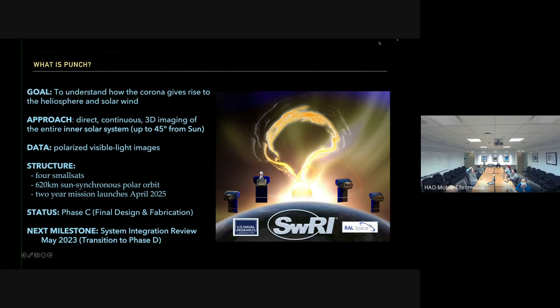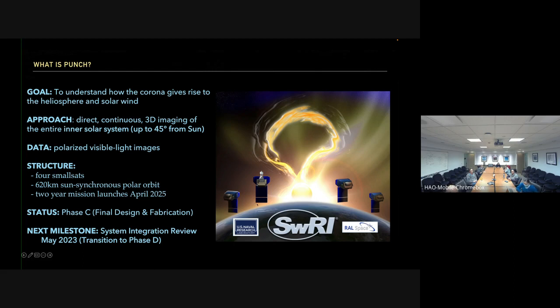We're trying to do direct continuous 3D imaging of that entire inner solar system over a 90-degree wide field of view. I'd like to point out, Punch is not a telescope. It's a wide field camera. We're seeing things that are about to sweep over the Earth in perspective.